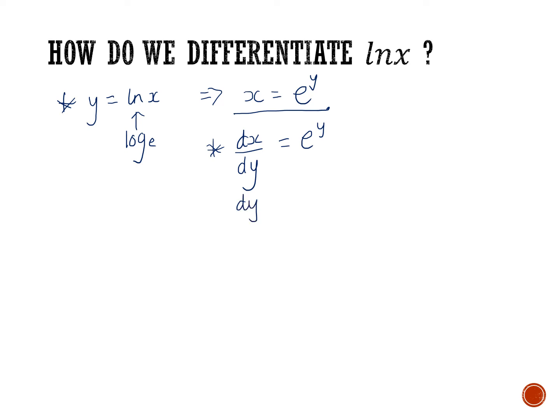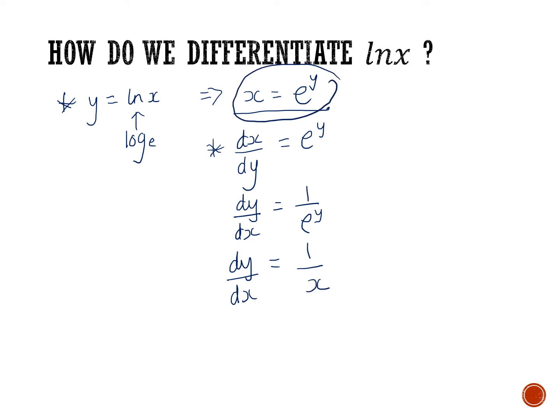So I can flip this side upside down, and I can flip this side upside down as well. Okay, then here comes the clever part. Dy dx equals 1 over, let's make use of this, e to the y is equal to x, so dy dx equals 1 over x. Okay, so when you differentiate ln x, you get 1 over x, and that's where it comes from.